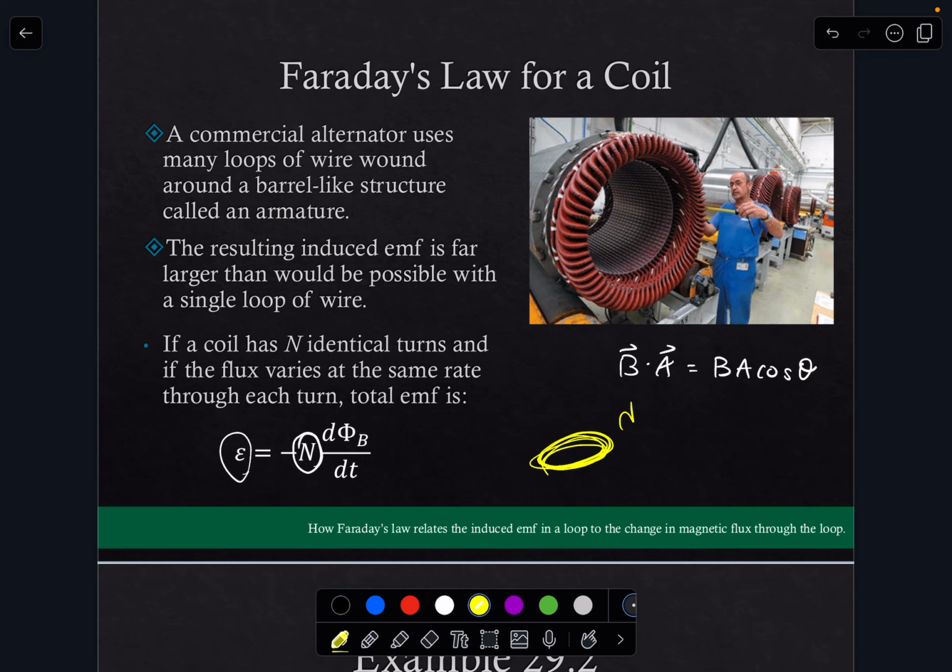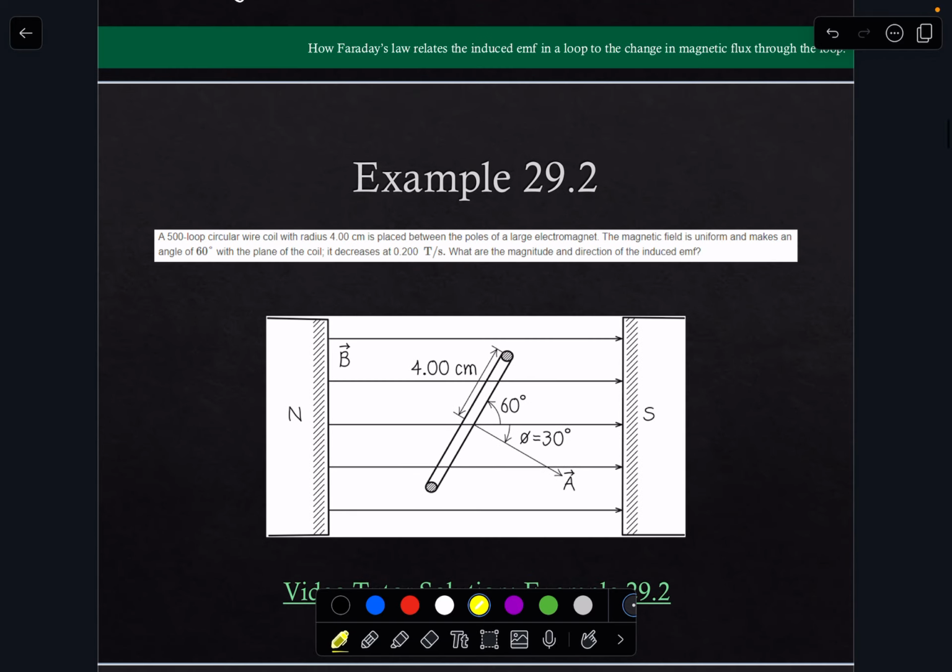If we have n of them, then our EMF increases by a factor of n. Okay, and that's what this example talks about, while also adding a layer of complexity of having that loop tilted out of the field, okay? So that means we're going to have to include cosine theta into this.